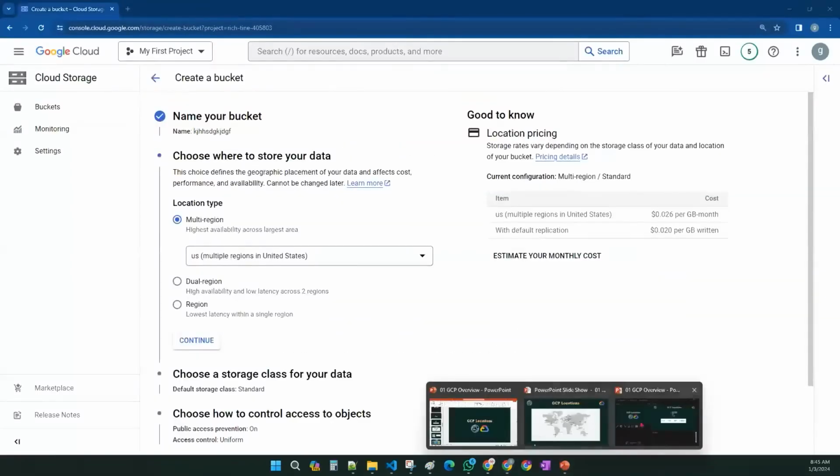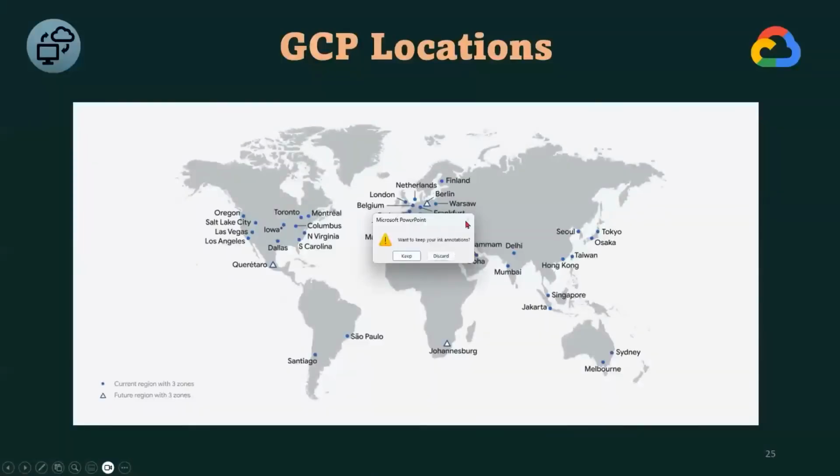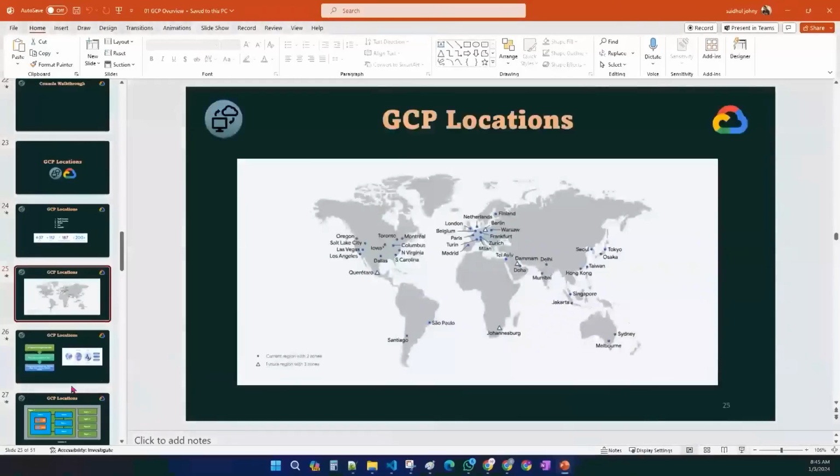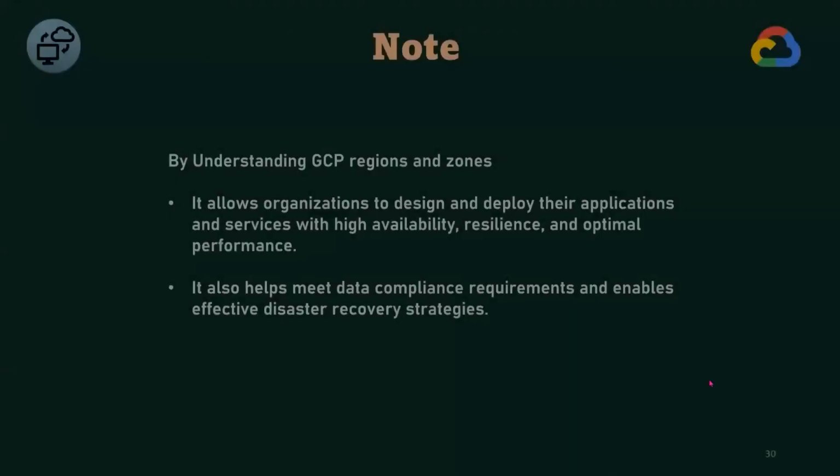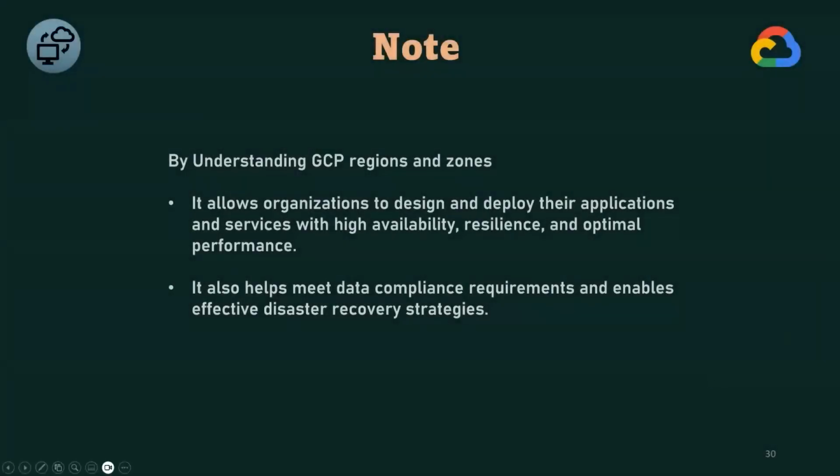And finally, one last point. By understanding GCP regions and zones, what have we understood? If organizations want to design and deploy their applications and services with high availability, resilience, and optimal performance, they have to select a proper location, region, and zone.